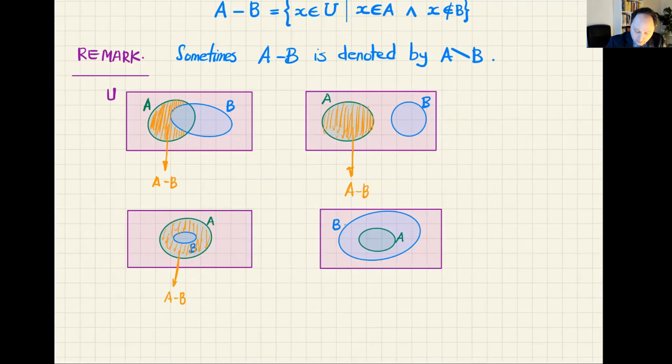The empty set. Okay, because I am interested in those points which are in A but not in B. But because A is a subset of B, whatever is inside A is automatically inside B. So I cannot find any element with that property which belongs to the first one but not to the second one. So what is left for me is the empty set. So that's the meaning of the difference of two sets using the Venn diagram.